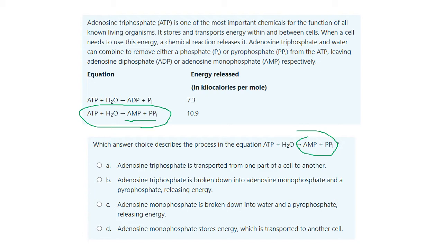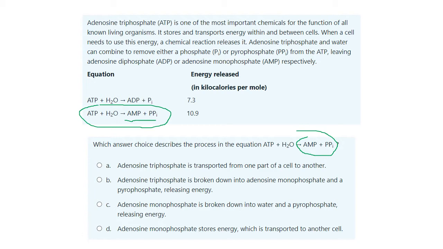Adenosine triphosphate is one of the most important chemicals for the function of all known living organisms. It stores and transports energy within and between the cells. When a cell needs to use this energy, a chemical reaction releases it.